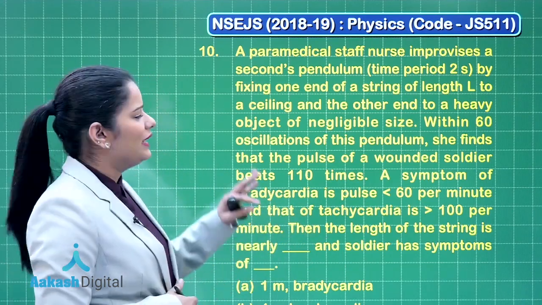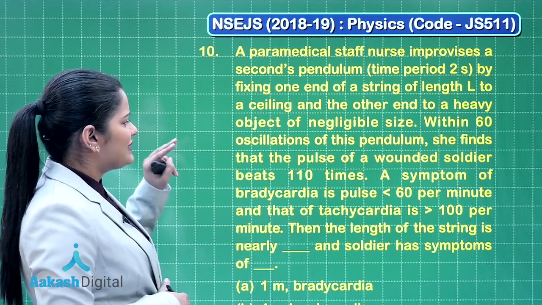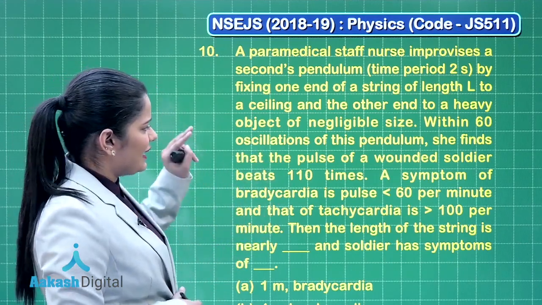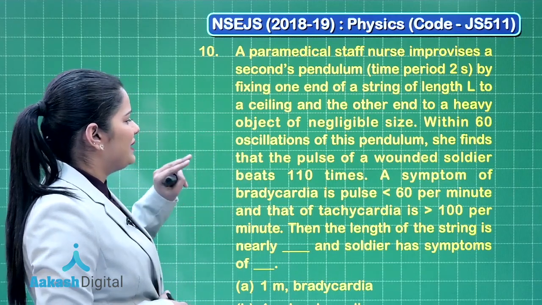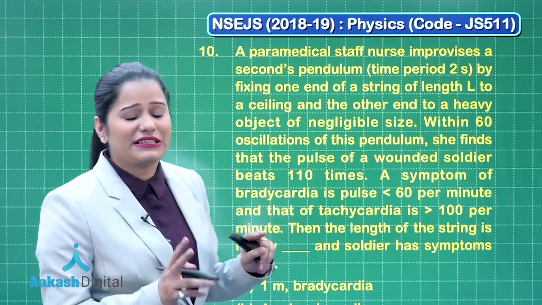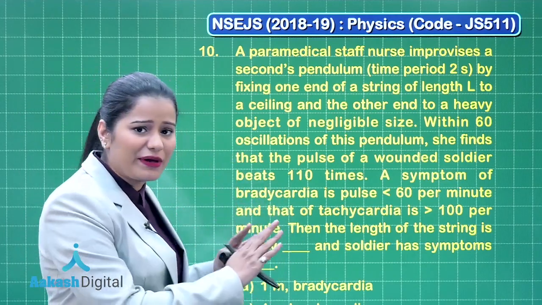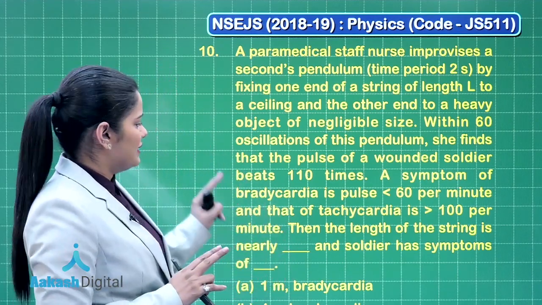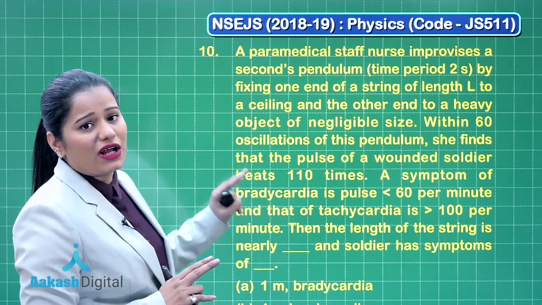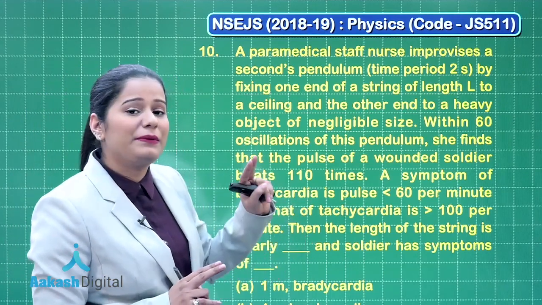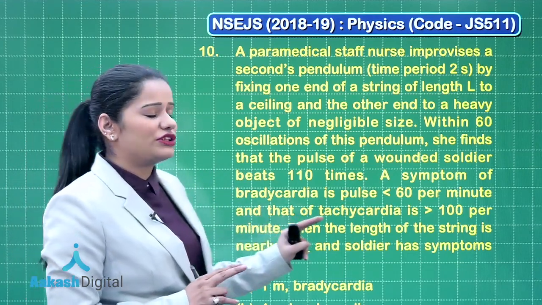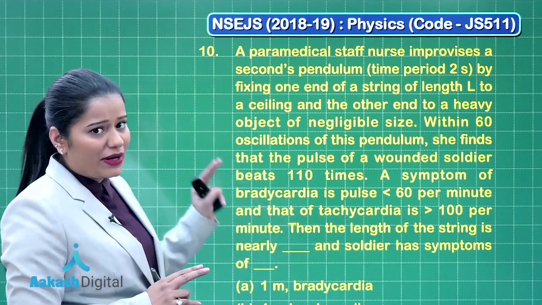Here, 60 oscillations of this pendulum will be equal to 2 minutes, and in 2 minutes the beats are 110, so beats per minute are going to be 55, and hence the soldier has the symptoms of bradycardia.